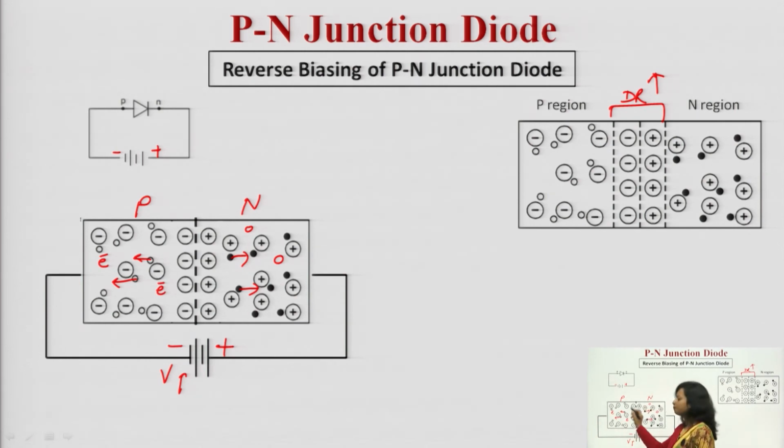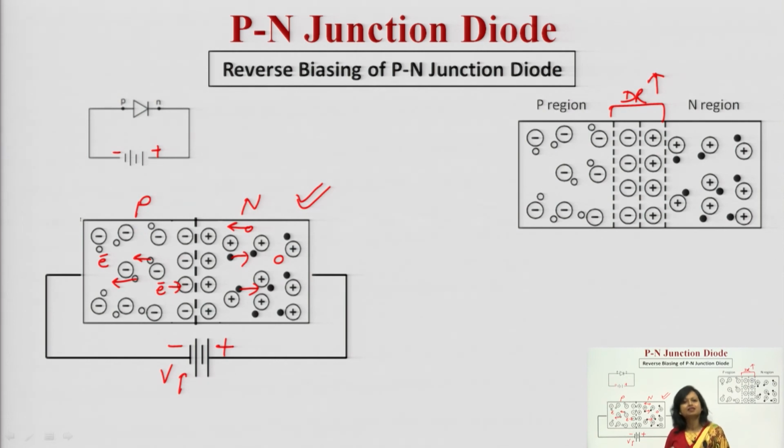Now, what will happen? Because of this applied battery, these minority charge carriers, electrons in P, will be pushed towards the junction, and holes which are in the minority in N will also move towards the junction. It means in this particular condition, minority charge carriers are crossing the junction and the current flows because of these minority charge carriers.